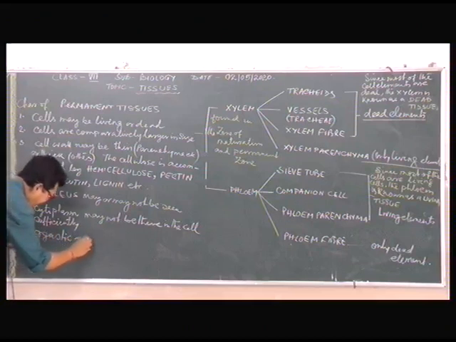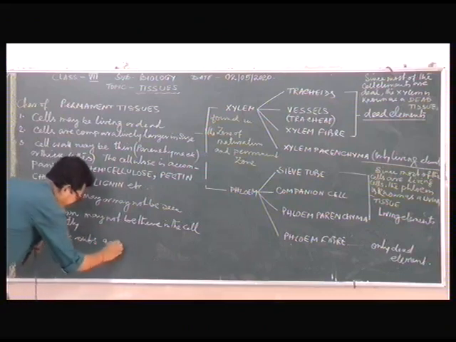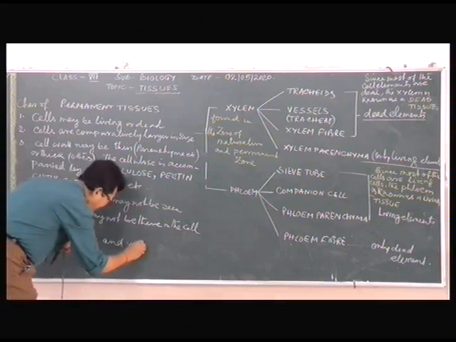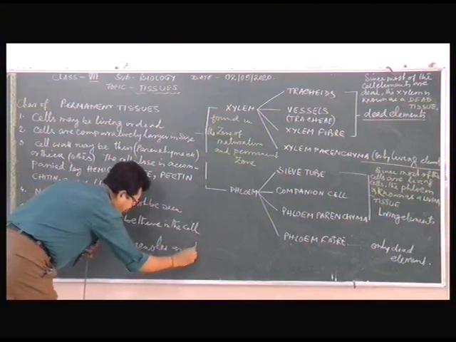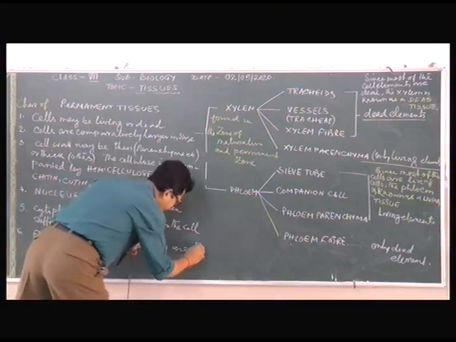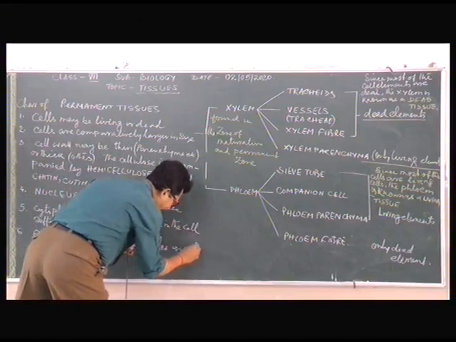Ergastic substances and vacuoles are found, are present in the cell.